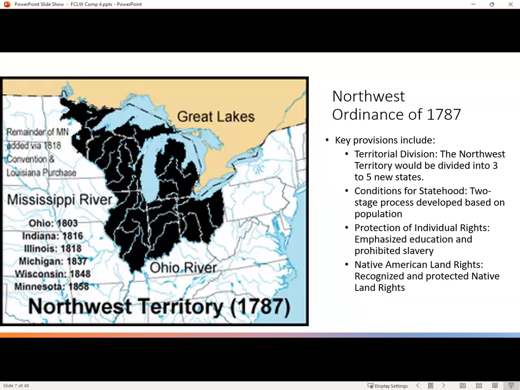It also recognized and protected native land rights. And you'll see these being taken away later. But at this point, with this particular ordinance, we see a very different kind of thing than what was happening in some of our states at the time.